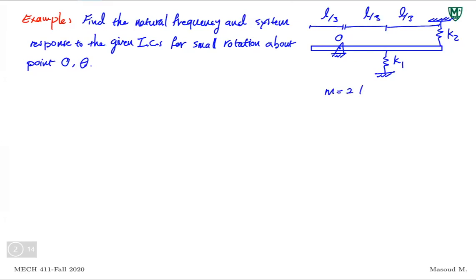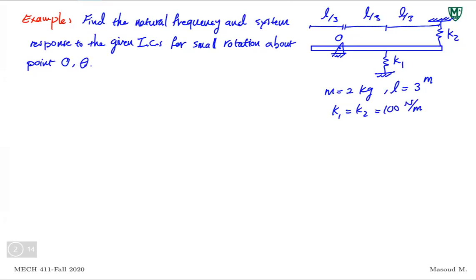The mass of the bar is 2 kilograms. The value of L is 3 meters. K1 is equal to K2, and that's 100 Newton per meter.